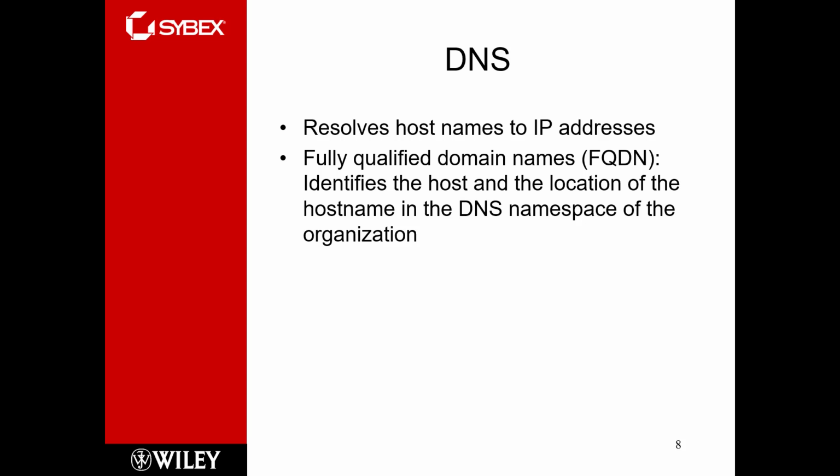Google.com is not. Google.com may redirect you to www.google.com, but that's a redirect. The shortened name that points to the fully qualified domain name is different. If we're talking a device name or a computer name, it may be pc1.domain.com or something along those lines. That would be the fully qualified domain name for a computer.